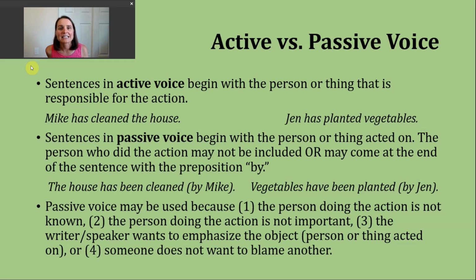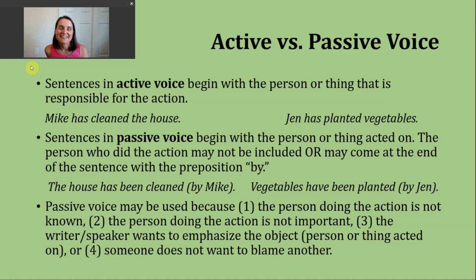And connected to this, sometimes writers or speakers, they really want their readers or their listeners to focus on the object, those people or things that are receiving the action. So by moving that to the beginning, they believe their readers or listeners are going to focus on that a little bit more.